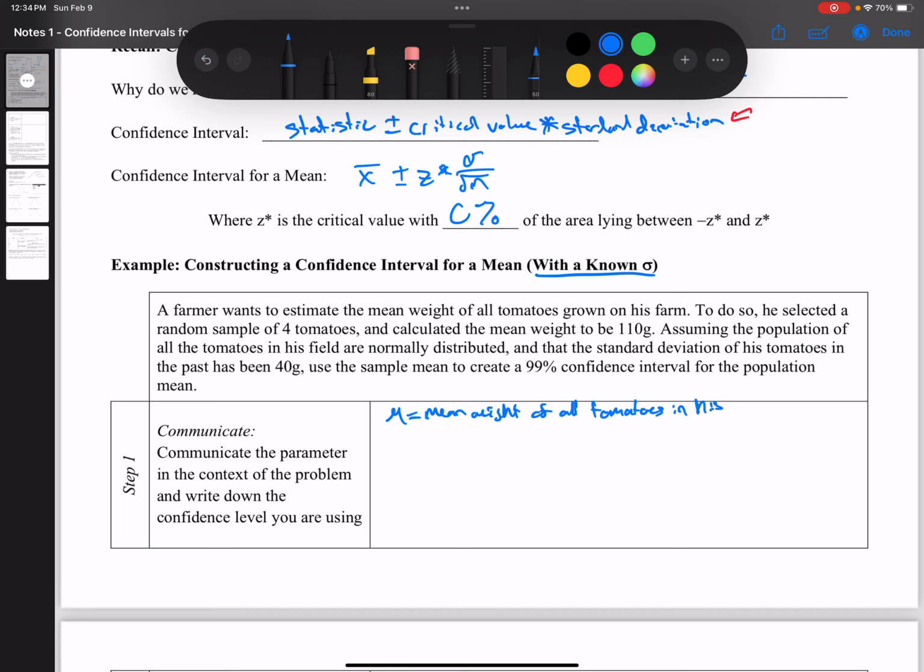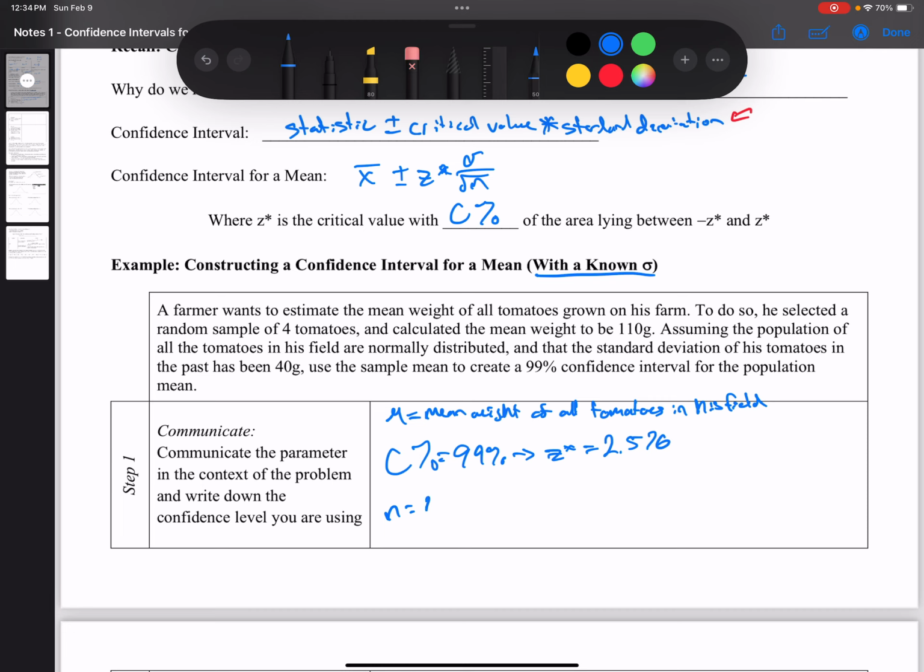We're looking for a 99% confidence interval, and we're going to throw that in the inverse norm to get a z star of 2.576.